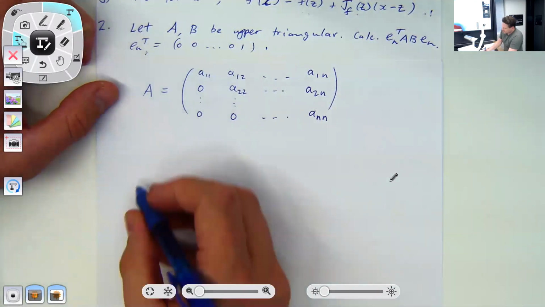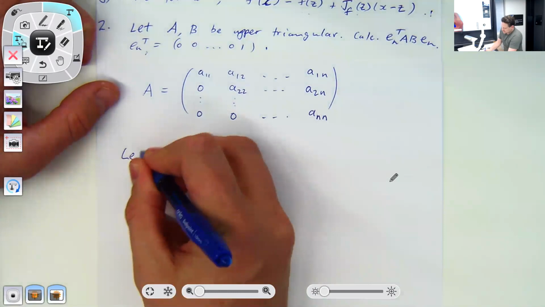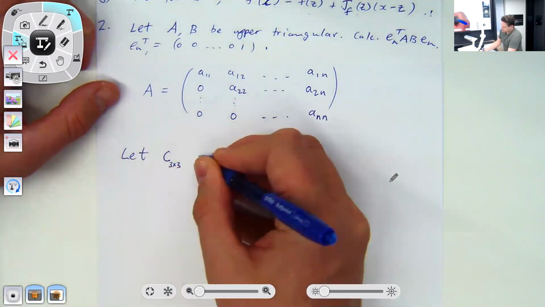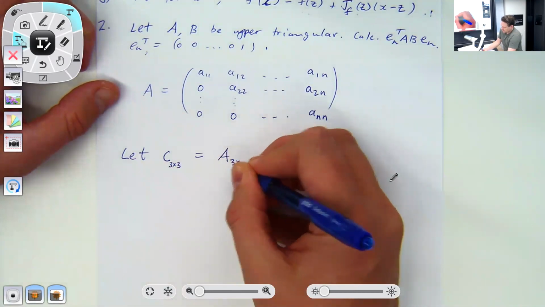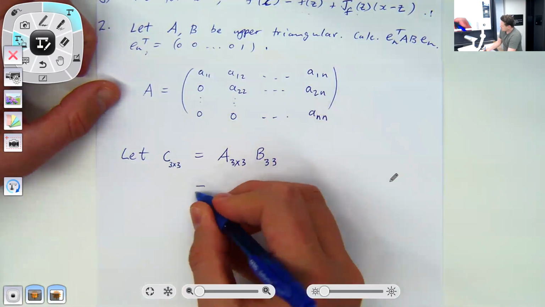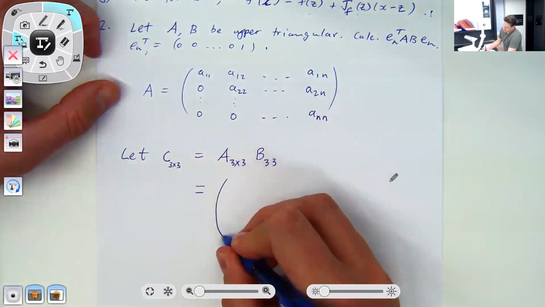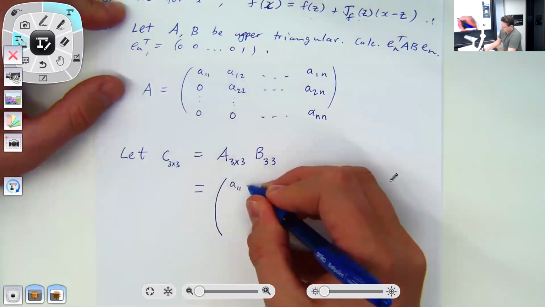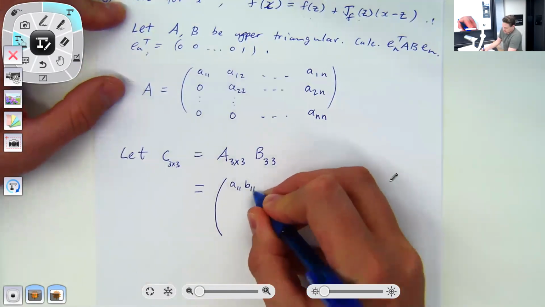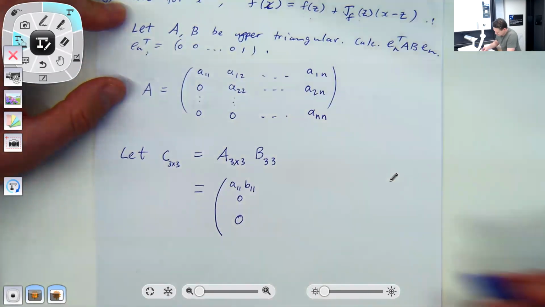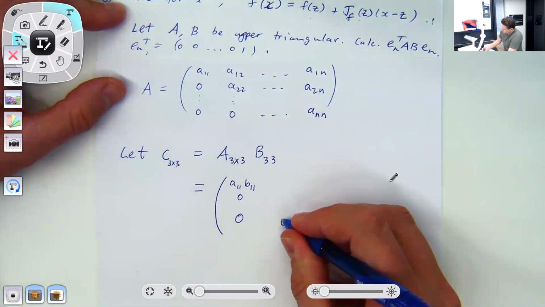So let C, I'll just put 3x3, equal A 3x3 times B 3x3, and let's see exactly what that looks like. Since it's upper triangular, we have A11 B11, and then we have 0, and then 0. Here we're just looking at 3x3s, so we'll have a 0 there as well.